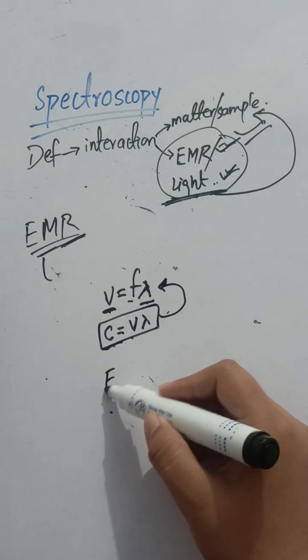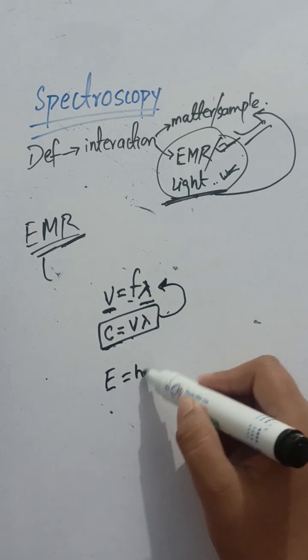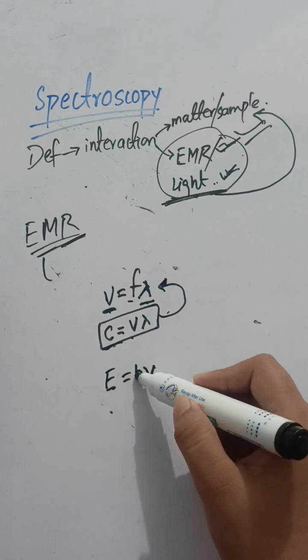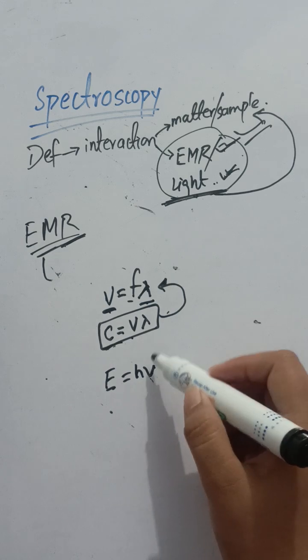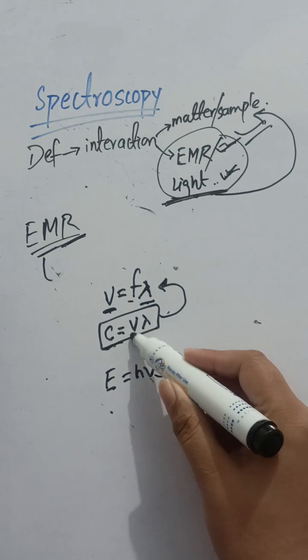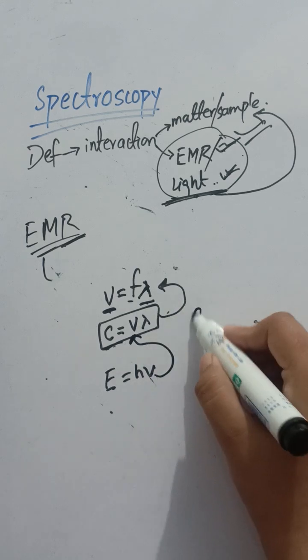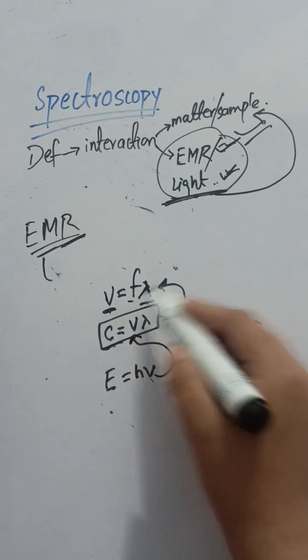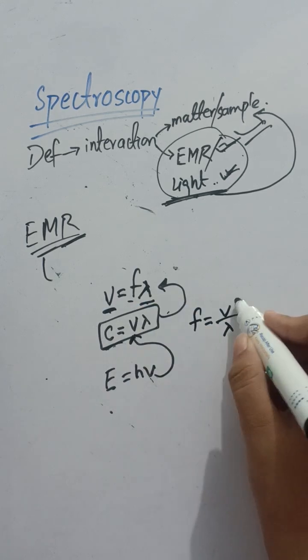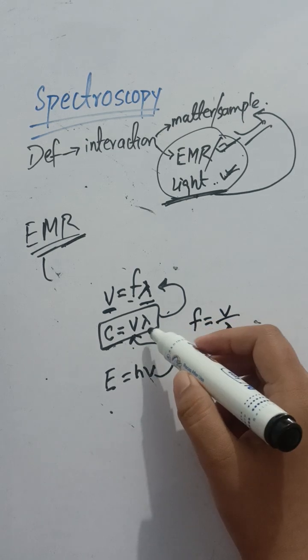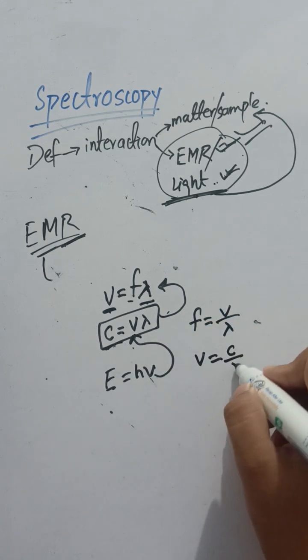And the equation of energy is E is equal to hν. E is the energy, h is the Planck's constant, and ν is indirectly showing the frequency. Okay, now if we write the frequency as ν, then ν is c over lambda.